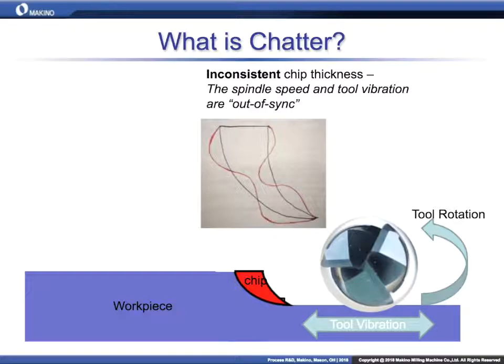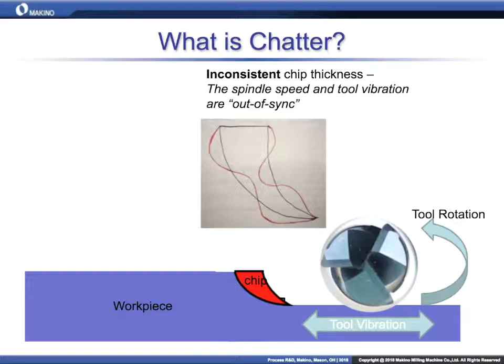We've exaggerated it greatly, obviously, but this helps us picture what's going on. So it's not forming this idealized black chip. It is vibrating and rotating, and it's forming the red chip.